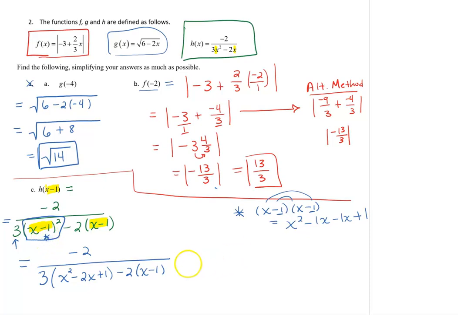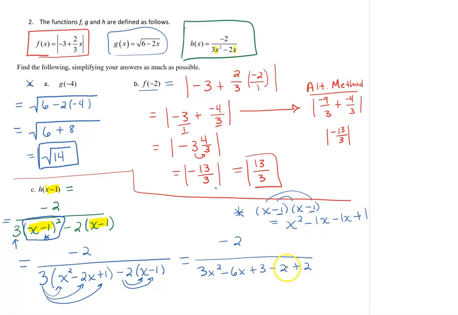All right, so now we have negative 2 again in the top. And in the bottom, I'm going to distribute the 3 to the first set of parentheses. And I'm going to distribute negative 2 to the second set. So I'll have 3x squared minus 6x plus 3. That's the first part. And then minus 2x, but then plus 2. Sorry.